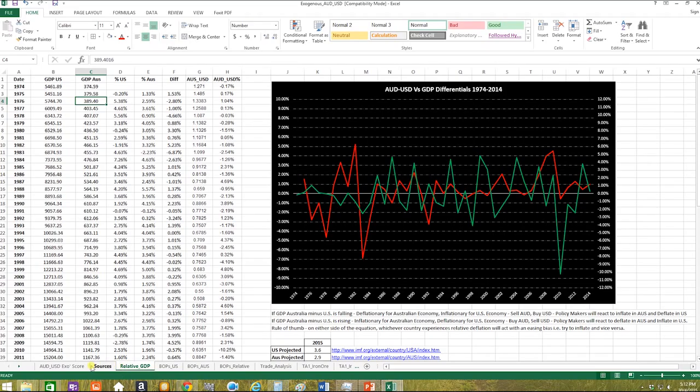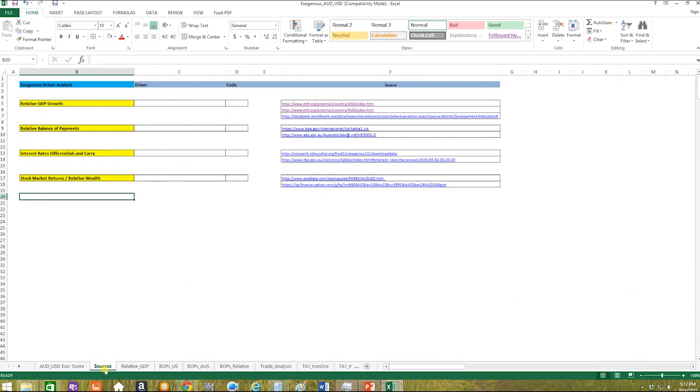Now, if we go through our sources first, so we go to the sources tab, very similar setup to our endogenous format. First, we have relative GDP growth, we have relative balance of payments, interest rate differentials and carry, and stock market returns and wealth.